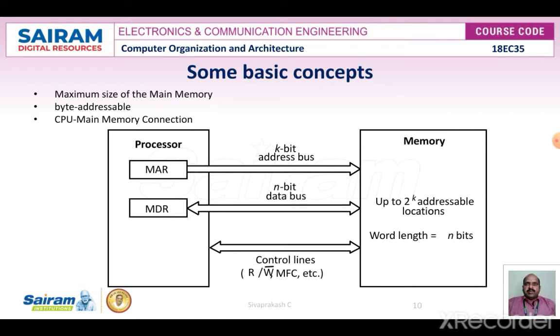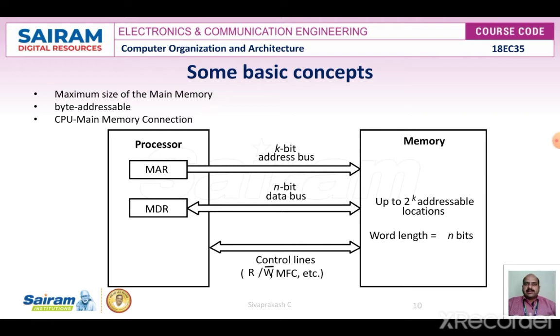During a memory cycle, n bits of data are transferred between the memory and the processor. This transfer takes place over the processor bus, which has k address lines and n data lines. The bus also includes the control lines, consisting of read or write, memory function completed, etc., for coordinating the data transfer.